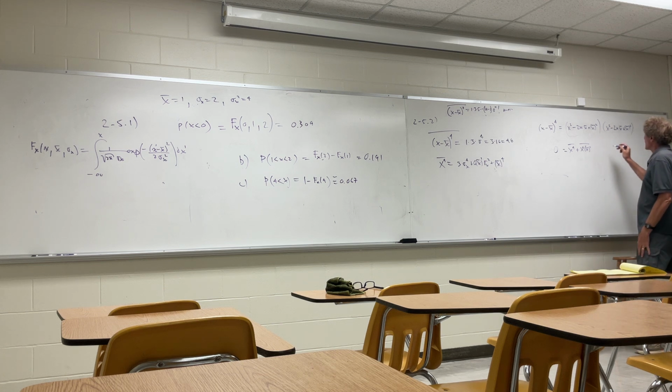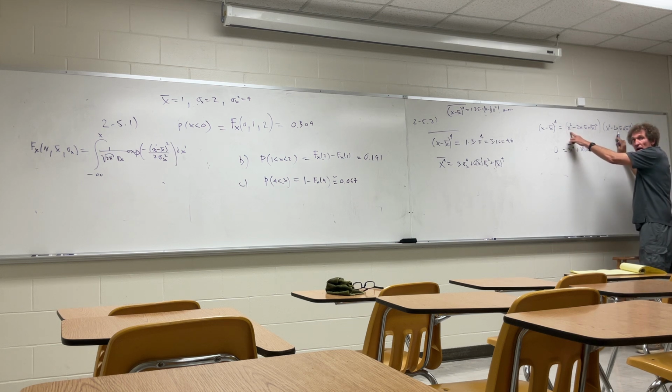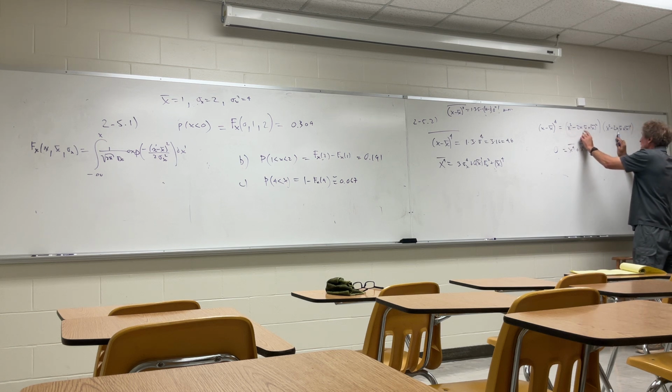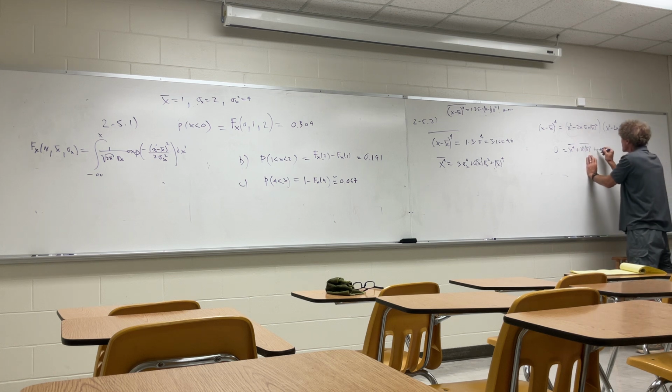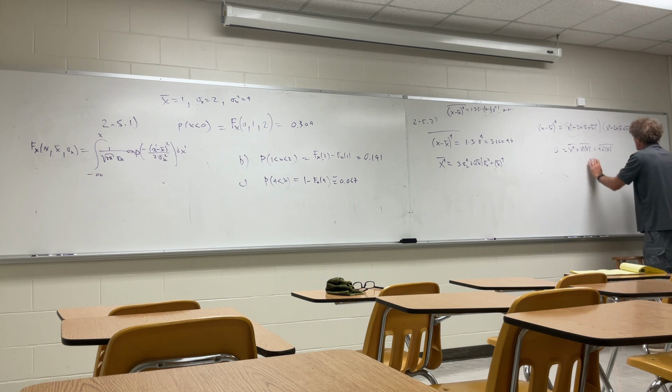Then I come down here, this times this is even, that's it. Finally, this one's odd. Odd times even will be odd, right? The average value of that will be 0. Then I got even, so that means I have plus 4x squared, and it's going to be quantity x bar squared, and I have to take the average of that.